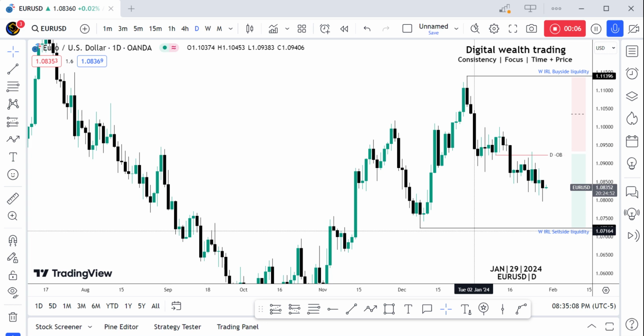So today is Monday, and what we have here is the Euro US dollar daily contract. And as you all know, this is our daily market review, where we call out what happened on the daily and what we are expecting going ahead. And again, this is for educational purposes, not financial advice.